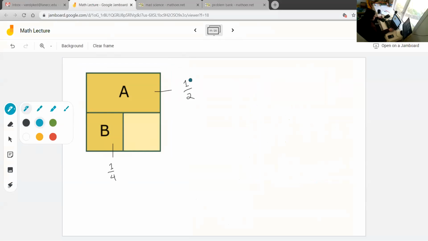I will need to do the unreducing that I accidentally demonstrated before and make this 2/4. And then if I have 2/4 and 1/4, I can finally add them up.